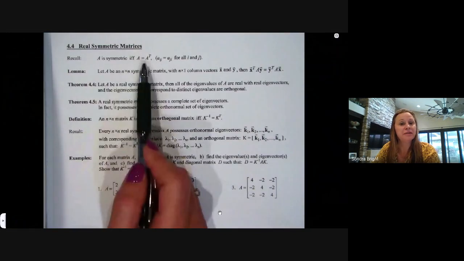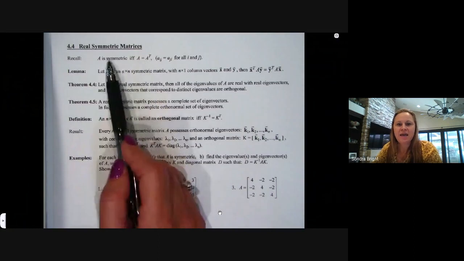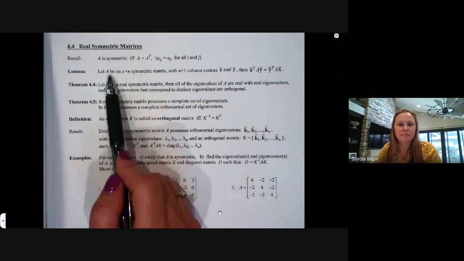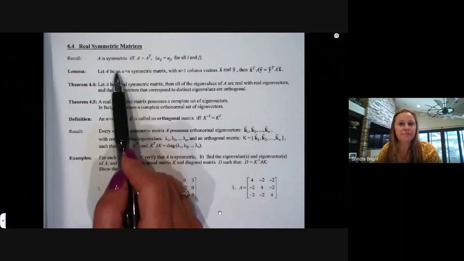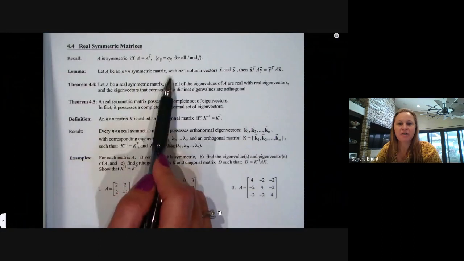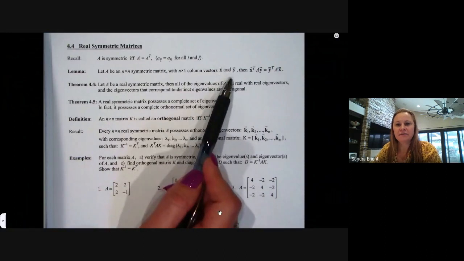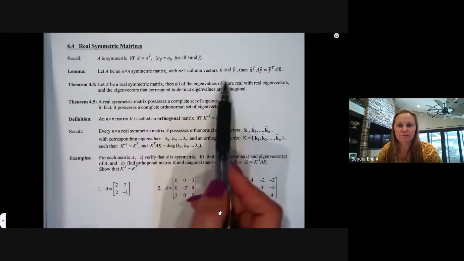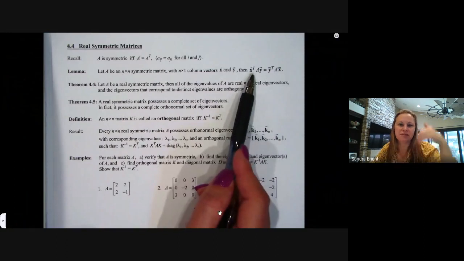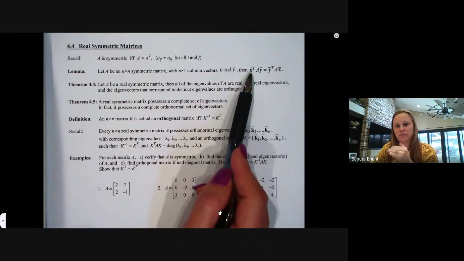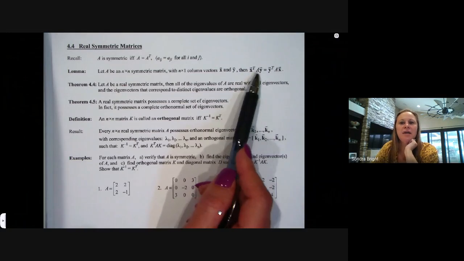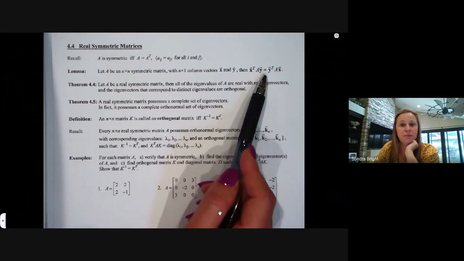Then it says, let A be an n by n, so a square matrix, that's symmetric, with n by 1 column vectors x and y. Then if we take x and transpose it, making it a row vector, times A times y, it would be equivalent to taking y transposed times A times x.